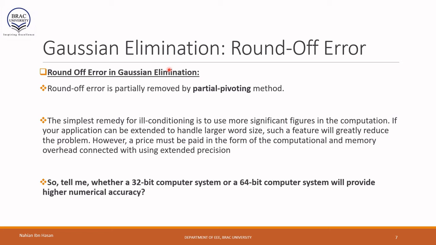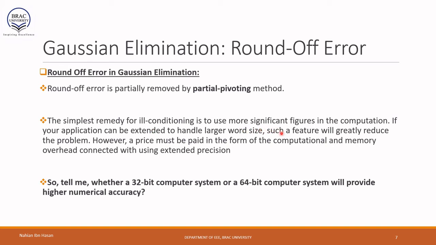And the third pitfall of the naive Gaussian elimination was that for an ill-conditioned system, the Gaussian elimination approach fails. To circumvent this, we can use more significant figures in our calculations to get the results for an ill-conditioned system.